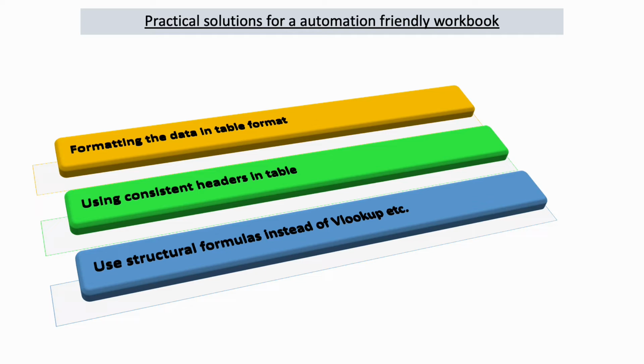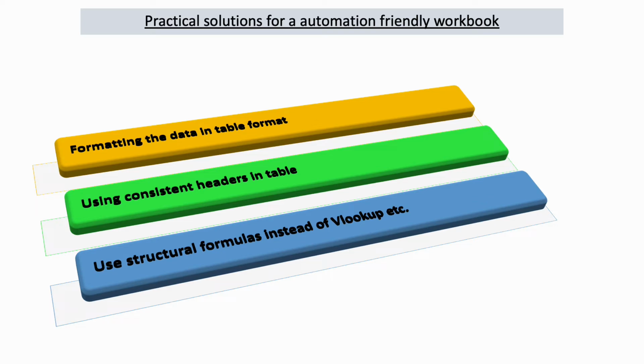Otherwise, when you paste in the new data in your Excel file and it's not in the same number of rows or in the same number of columns, then your VLOOKUP may not look into the entire source tab that you're trying to get the information from.